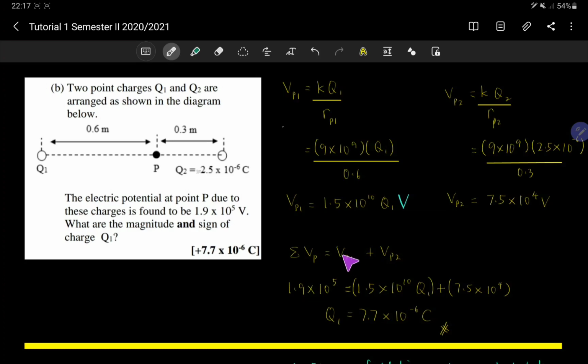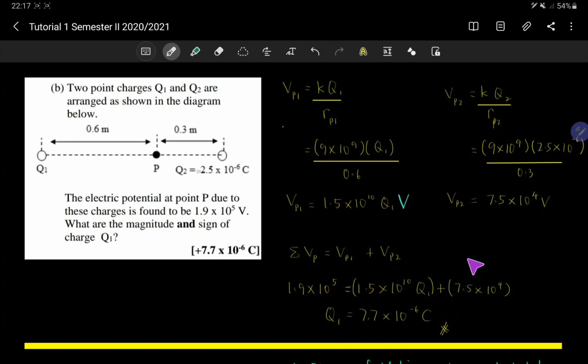VP1 equals 1.5 exponent 10 Q1, so we just write it in terms of Q1. And VP2 equals 7.5 exponent 4. So by using our calculator, we may calculate Q1, and Q1 now equals 7.7 times 10 to the power negative 6 coulombs.